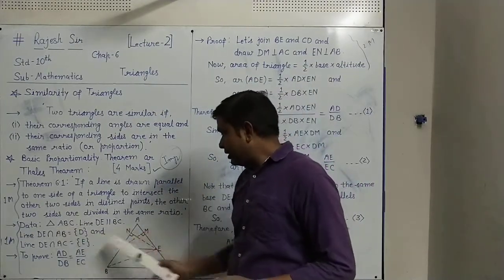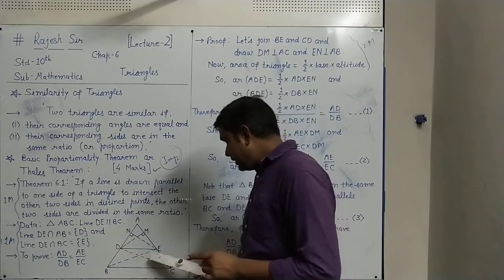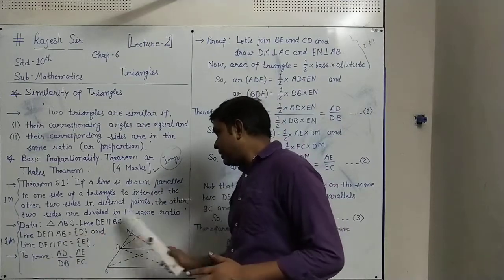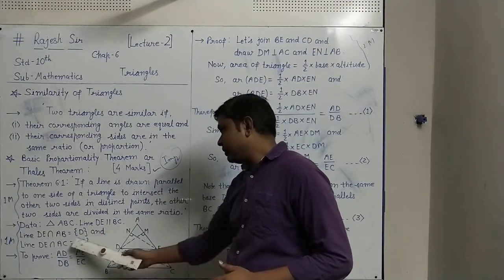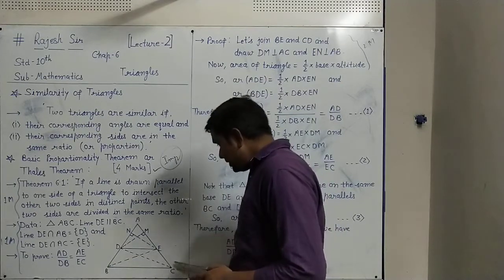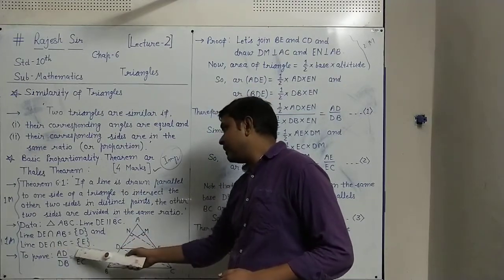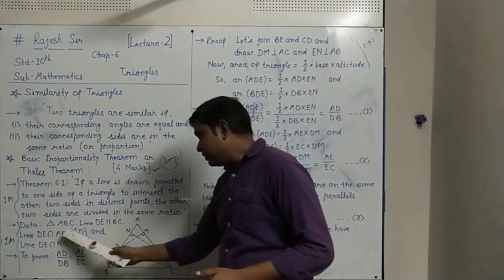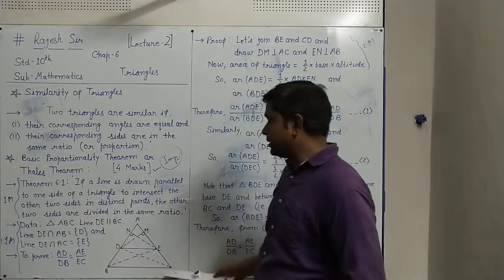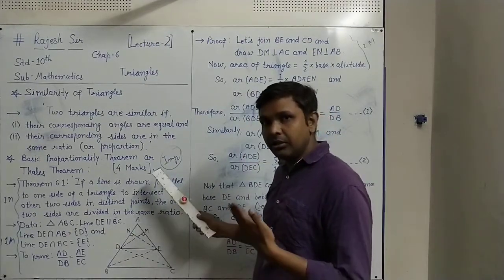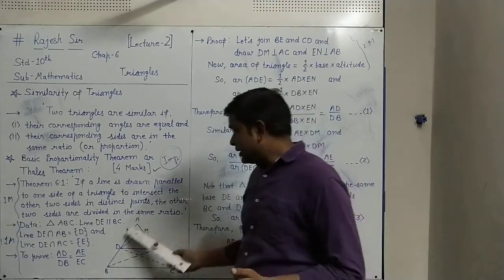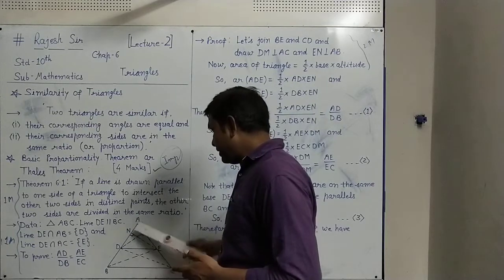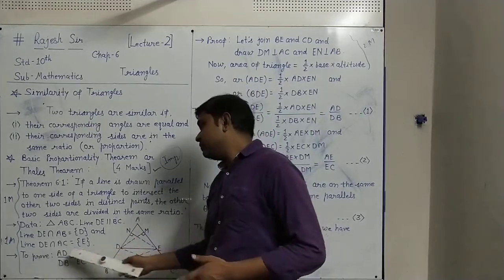Triangle ABC is given, line DE is parallel to BC, and line DE intersects AB at point D and intersects AC at point E. All this we have written in symbols: triangle ABC is given, line DE parallel to BC is given in the statement, and this line intersects AB at D and AC at E.